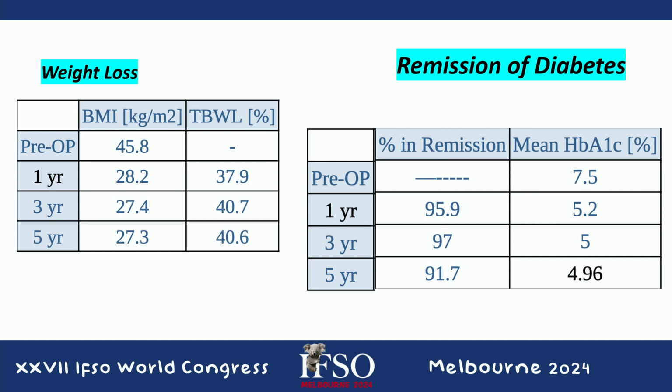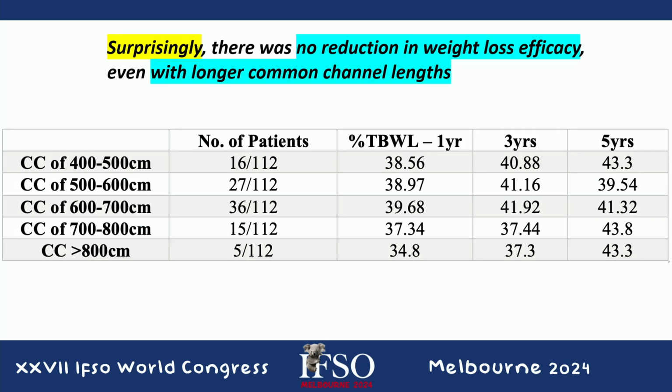When we looked at weight loss, the total body weight loss at 3 years was 40%, maintained at 5 years. Remission of diabetes was 97% and 91%. Now, surprisingly, as was shown earlier also in one of their slides, there was no reduction in weight loss efficacy even with a longer limb of the common bowel.